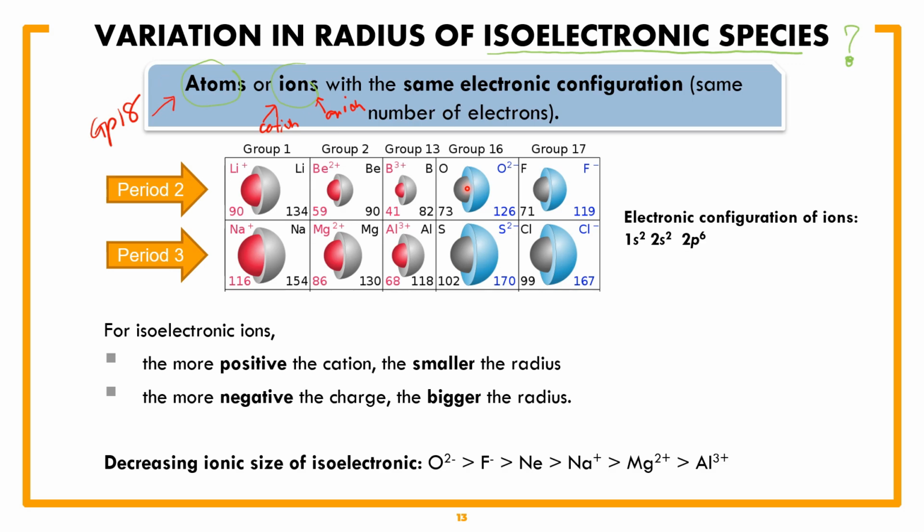According to these ions in period 2 and period 3, we can see that O2 minus, F minus, sodium plus, magnesium 2 plus and aluminium 3 plus, these 5 ions will have the same electronic configuration, that is 1s2, 2s2 and 2p6. So, bermaksud ion-ion ini memandangkan mereka mempunyai electron configuration yang sama, maka these ions are called isoelectronic species.